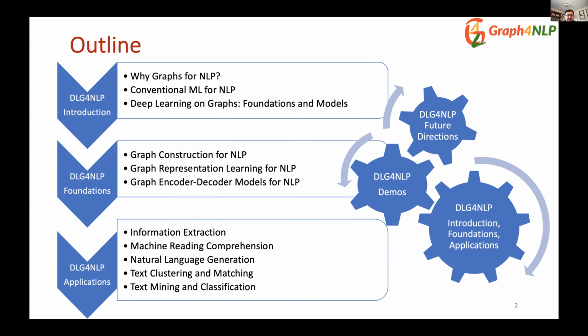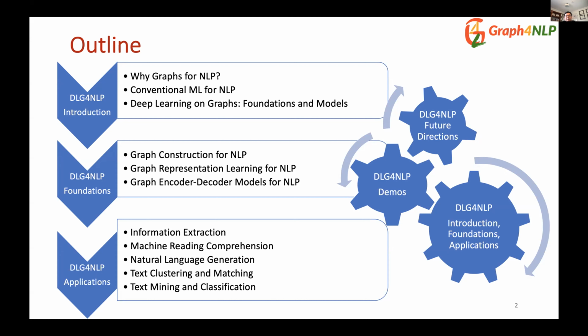In the third part, Heng, Yunyao, and Bang will talk about how to leverage the power of graph neural networks for a variety of NLP tasks, such as information extraction, machine reading comprehension, natural language generation, and text mining, text clustering, matching, and classification.